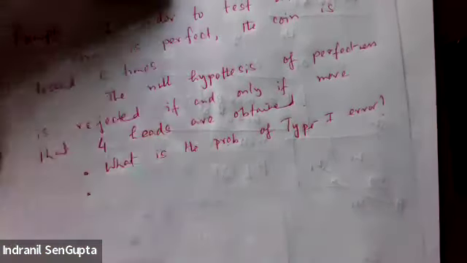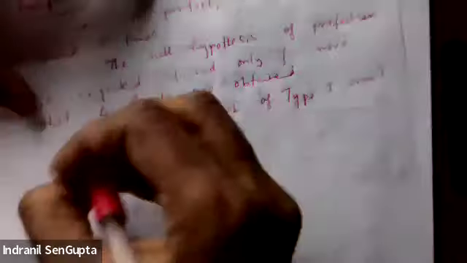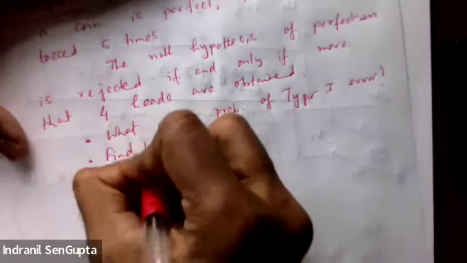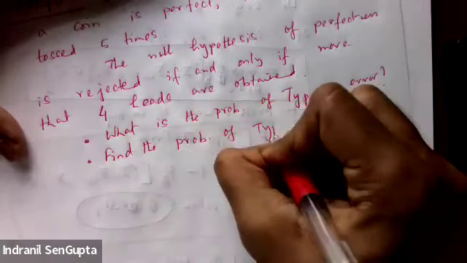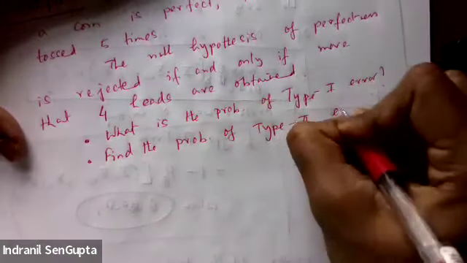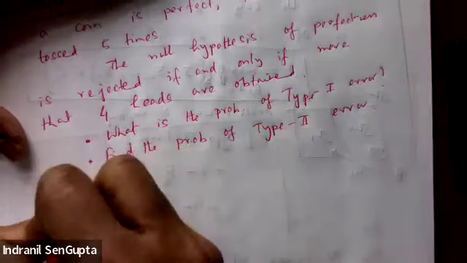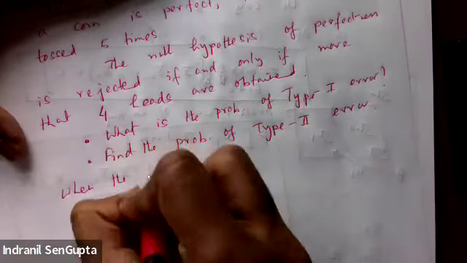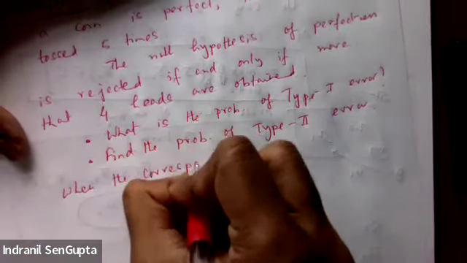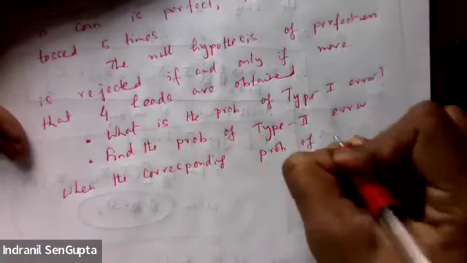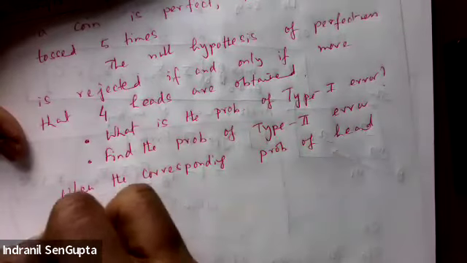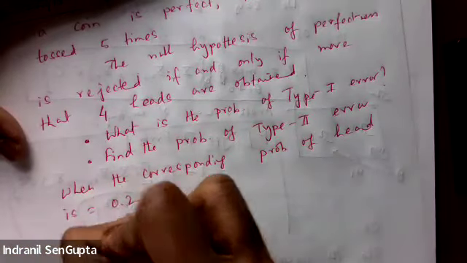Second part is find the probability of type 2 error when the corresponding probability of head is equal to 0.2.